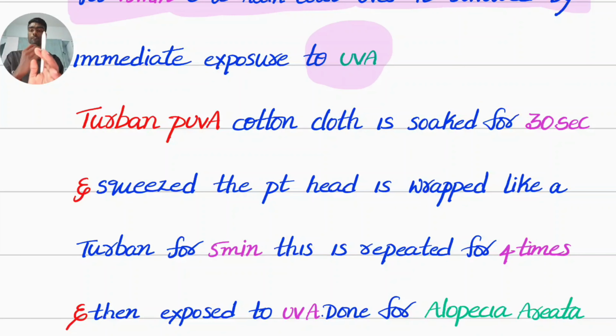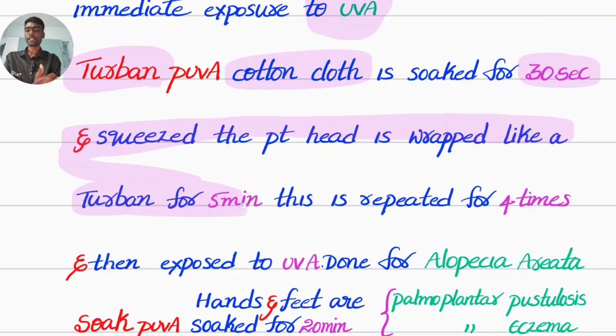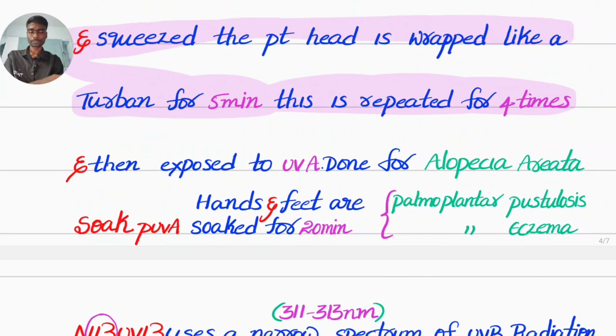Same, if we immerse a cotton cloth instead of a suit, it is called turban PUVA. That cloth is soaked for just 30 seconds, then squeezed and the patient's head is wrapped like a turban for 5 minutes. This is repeated 4 times. Like that, a turban-like cotton cloth dipped in psoralen-containing solution diluted in a bucket of water, and then he is exposed to UVA radiation.